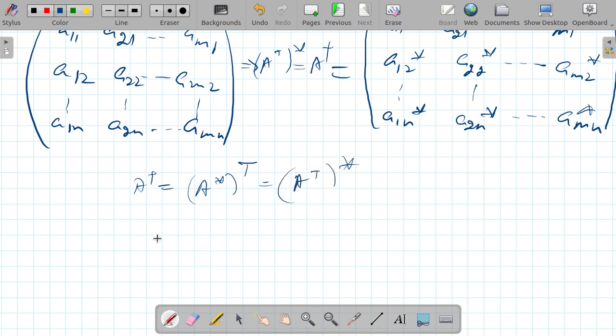Both are equal. In other words, Aij dagger, of order m cross n, will become Aji star, and it is n cross m. So that's it.